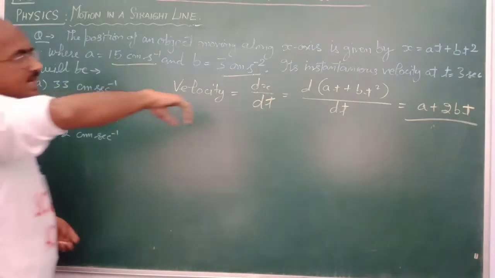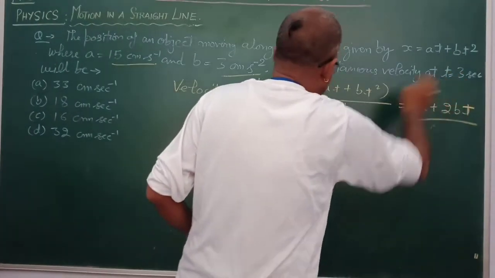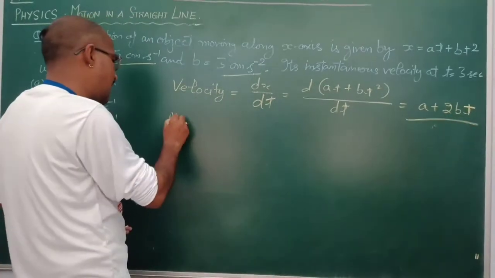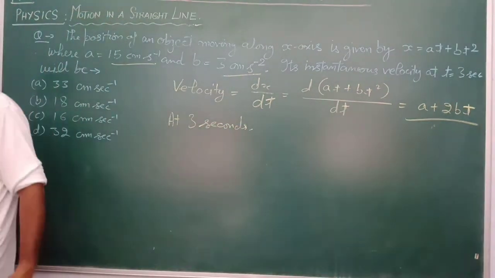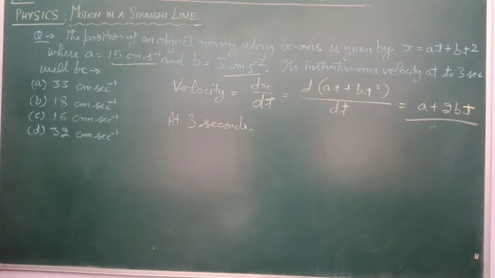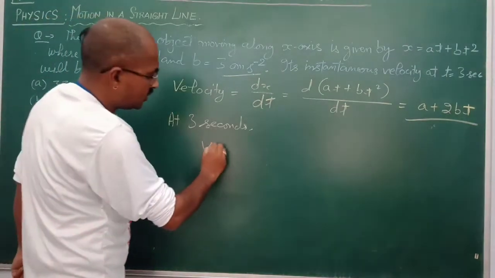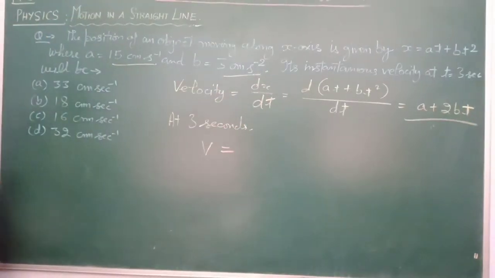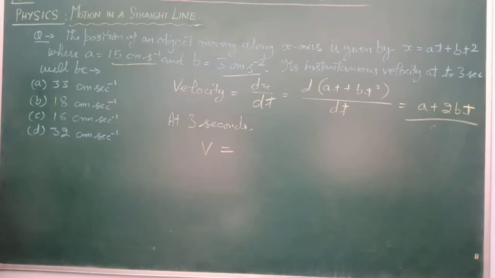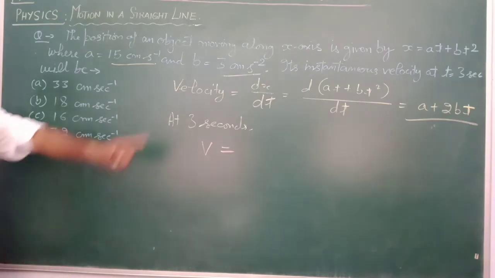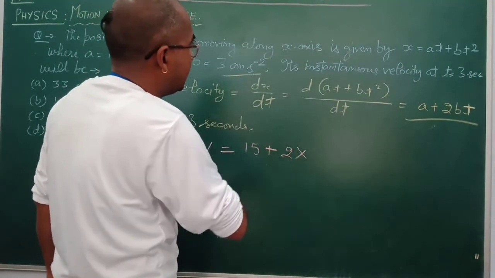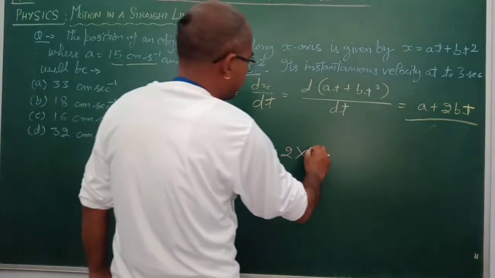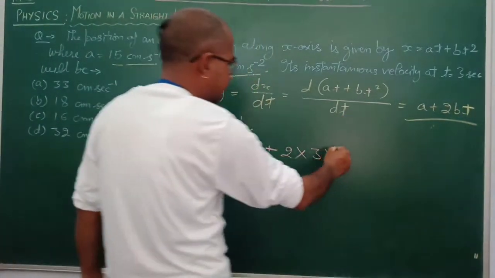Now we know he is saying its instantaneous velocity at t equals to 3 seconds, means at 3 seconds velocity कितनी हो जाएगी? v equals to, शाबाश, कैसे करेंगे बोलो? v equals to 15 plus a is what? 15 plus 2b is what? 3, t is what? 3 seconds.